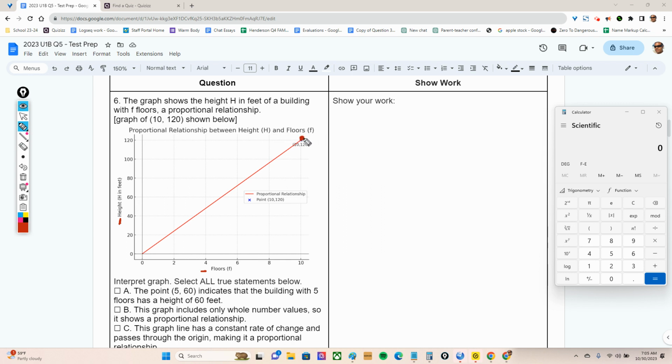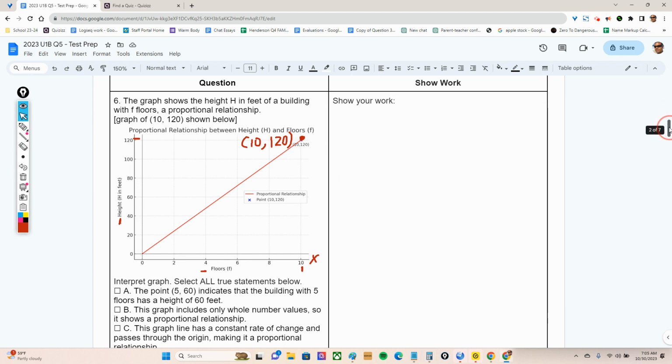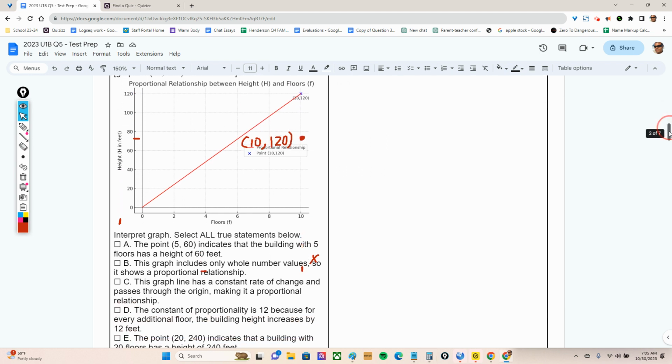So right here, we have 10 on our X right here, and 120 over here on our Y. Interpret the point. Okay, so this is going to be a problem because I got to move it up some to see all the options.